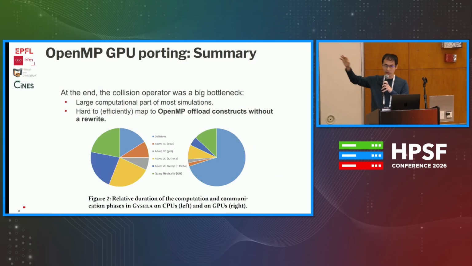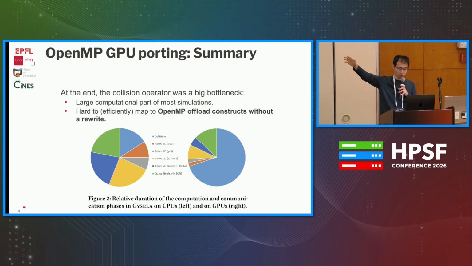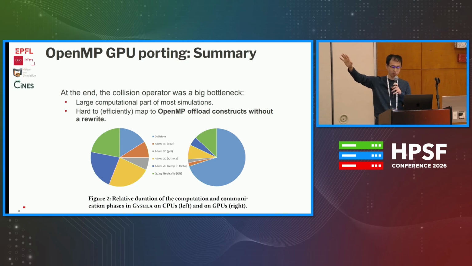So at the end of the day, what we have is that the left pie chart shows the percentage breakdown of each kernel, and the heaviest one is the yellow part, the 2D advection.